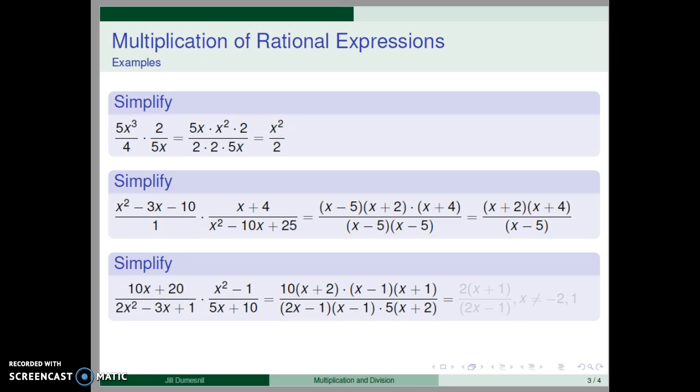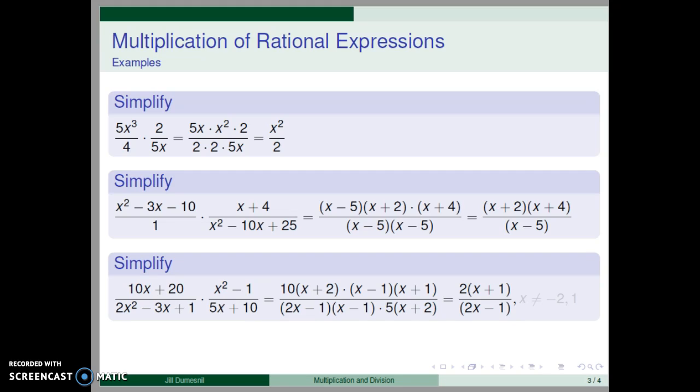Note that you may have to review factoring quadratic trinomials or work out the factorizations on scratch paper. But now we can see factors of 5, x plus 2, and x minus 1 will cancel. We get 2 times x plus 1 over 2x minus 1.